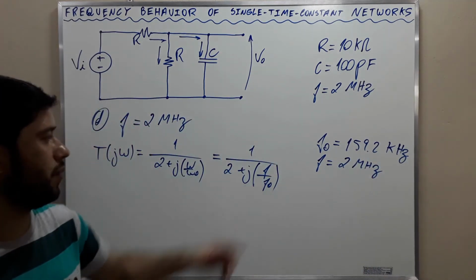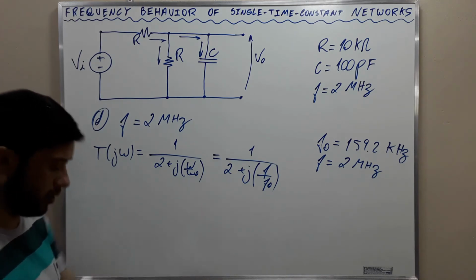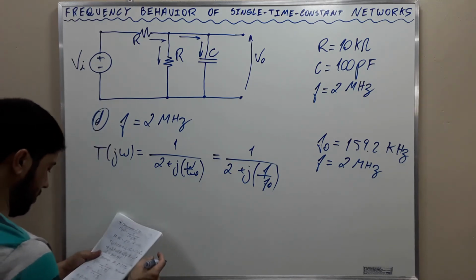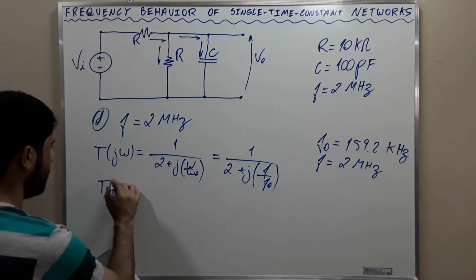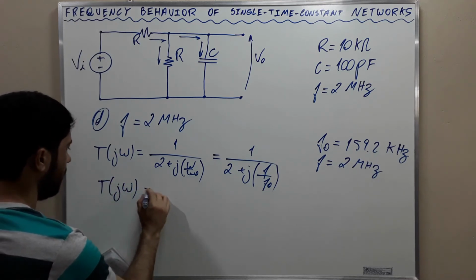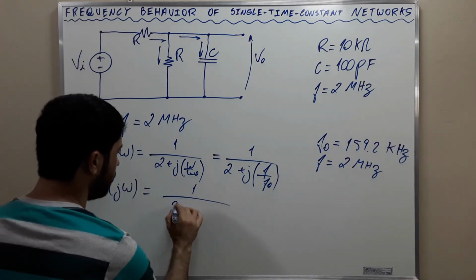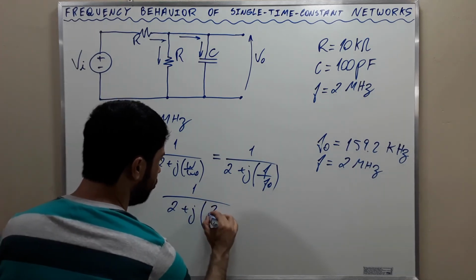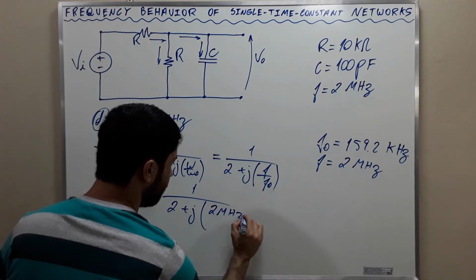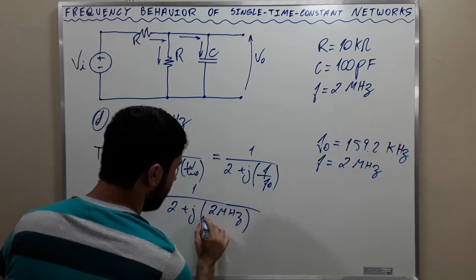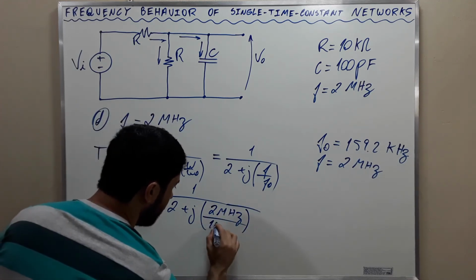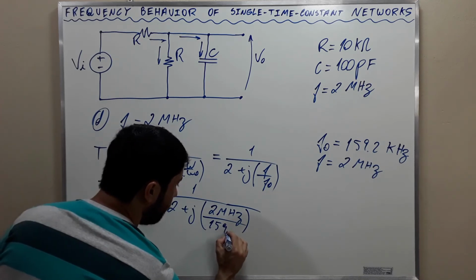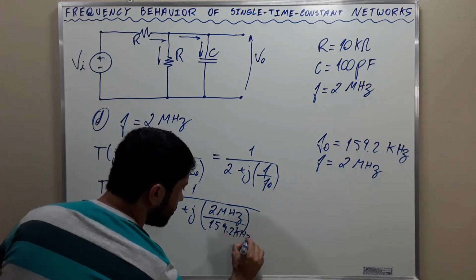We can simply substitute these values here and we find the transmission equal to 2 plus j times 2 megahertz divided by 159.2 kilohertz.